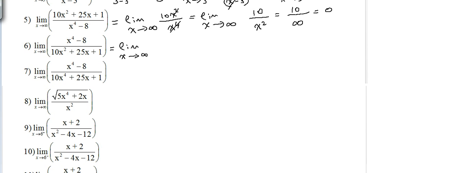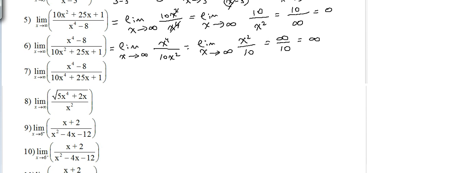So the limit as x tends to infinity of x power 4, the highest exponent, over 10x power 2, we simplify x squared by x squared to have x power 2 over 10. So we have infinity over 10, infinity divided by a number, still infinity.